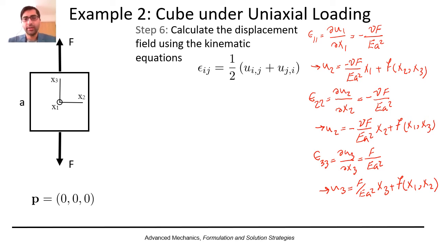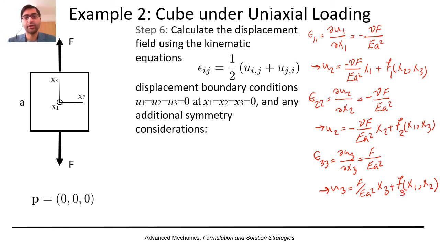Okay, now we have the displacement u as a function of the forces, so that's the solution that we were looking for. But we have constants f1, f2, and f3. And we use the boundary conditions, the displacement boundary conditions, and any additional symmetry that we have.